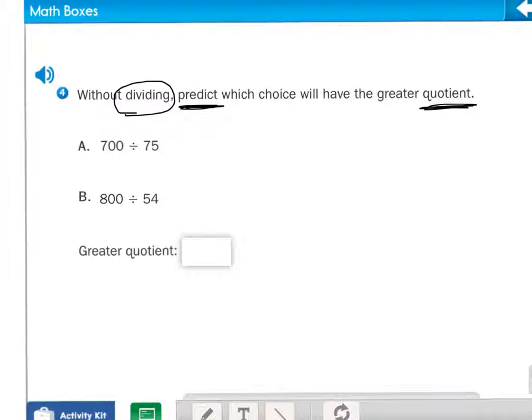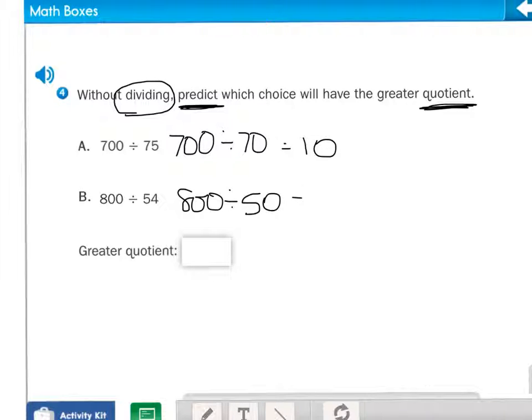So when that prediction comes into place, you're doing a little bit of estimation. So for A, I'm going to look at it like 700 divided by 70. And for B, 800 divided by, I'm going to round that to 50. Okay? So when I think of it like that, 700 divided by 70 is going to give me 10.